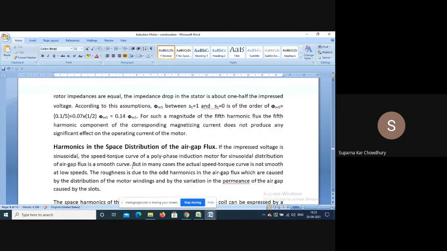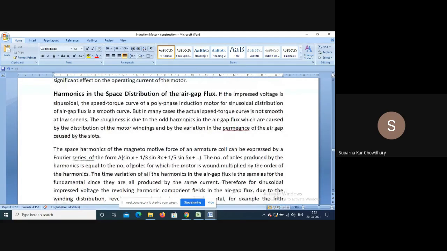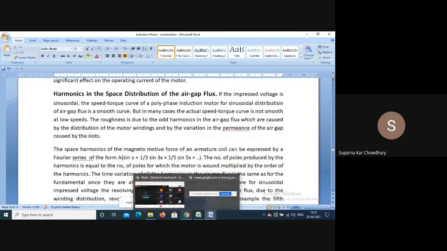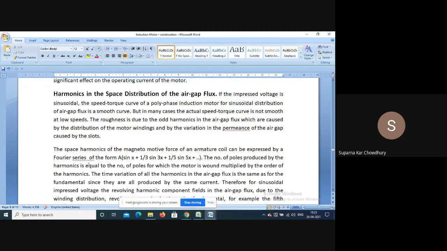But what is the space harmonic? Just to try to distinguish between time harmonic and space harmonic. Time harmonics are the harmonics due to the harmonics present in the voltage wave. Now, space harmonic is basically introduced because of the distribution of the winding.